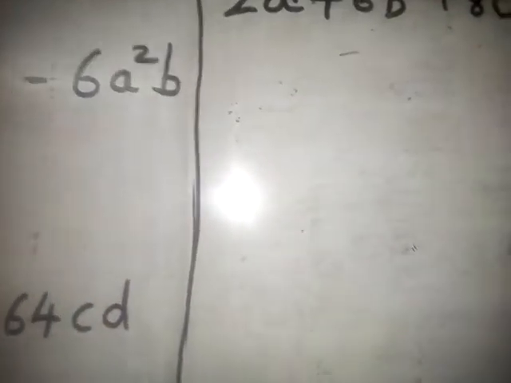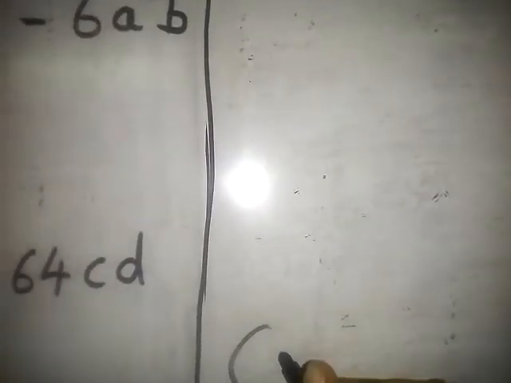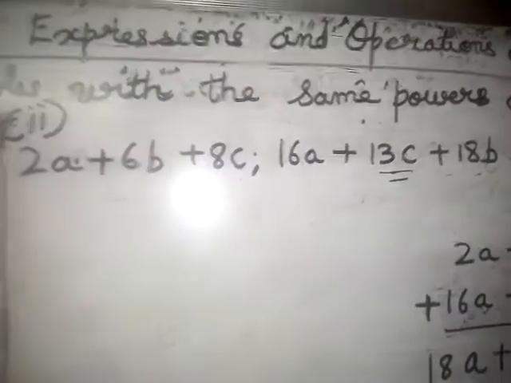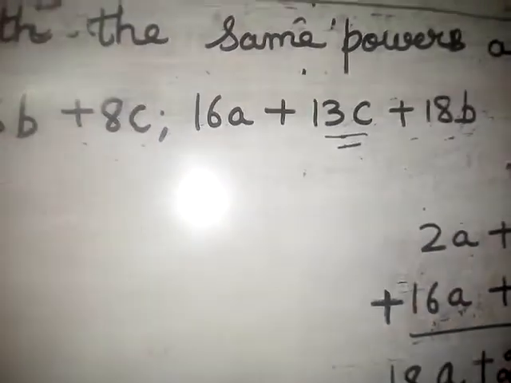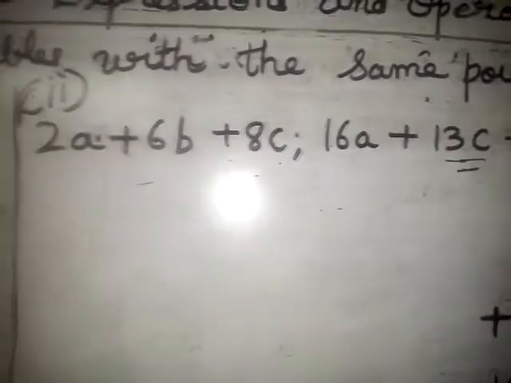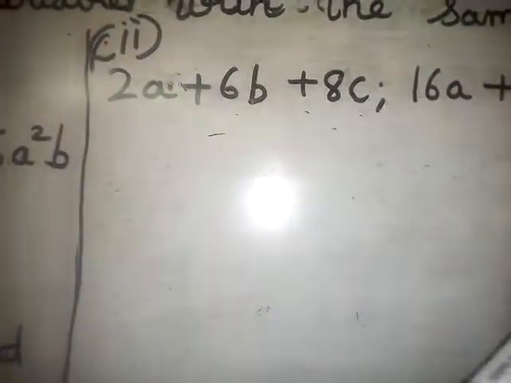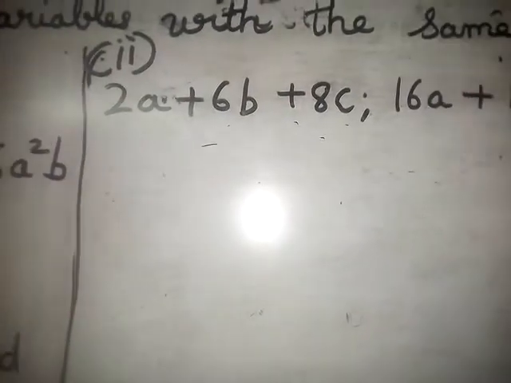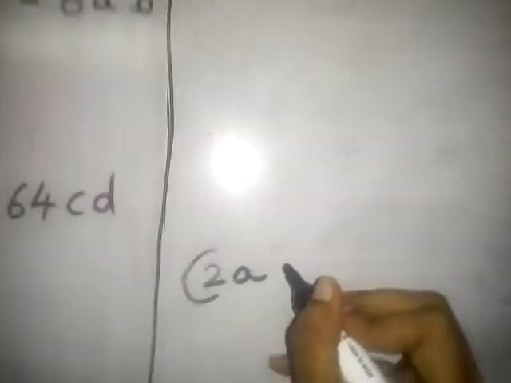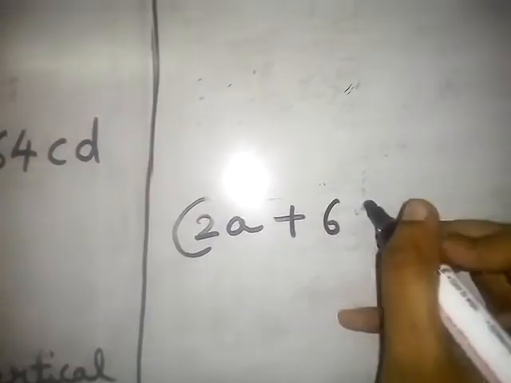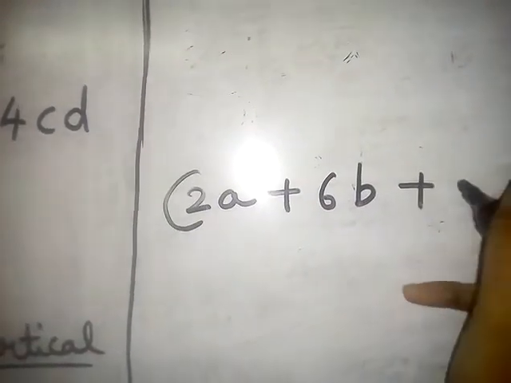The other four sums we'll continue tomorrow. Write this in brackets. This is a trinomial expression. 2a plus 6b plus 8c, 16a plus 13c plus 18b. These two expressions are trinomials. Three terms are there, so you have to write this in brackets first. 2a plus 6b plus 8c.